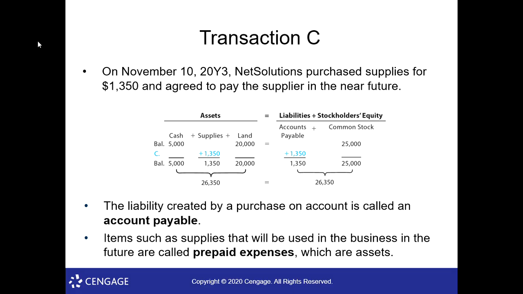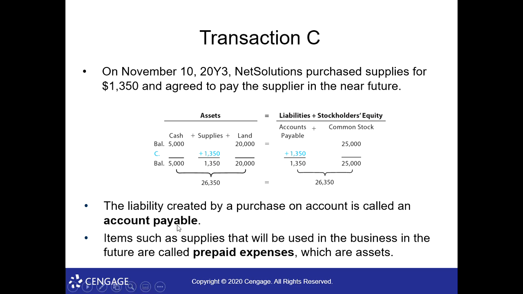Like we did in the last transaction. We have an agreement with our supplier that we will pay them in the near future. That type of account is called an account payable. So we keep a running balance with them. It's a liability to us because it's cash we owe them but haven't yet paid. So that's the impact here.